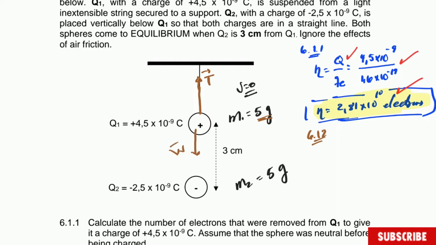And the most important force in this specific question, because we're working with electrostatics, is the electrostatic force from the negative charge on the positive charge. This force here, I'm going to call force 2 on 1. Those are the three forces acting on the charge.